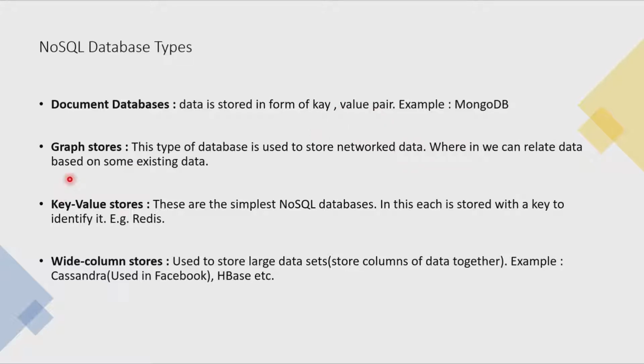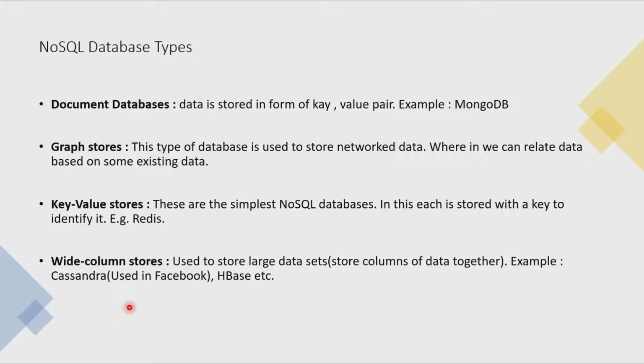Then we have graph stores, wherein we store network data and can relate it with some existing data. There are also key-value stores, which are the simplest form of NoSQL database. That means there will be a key and a relevant value for it. An example is the Redis database.